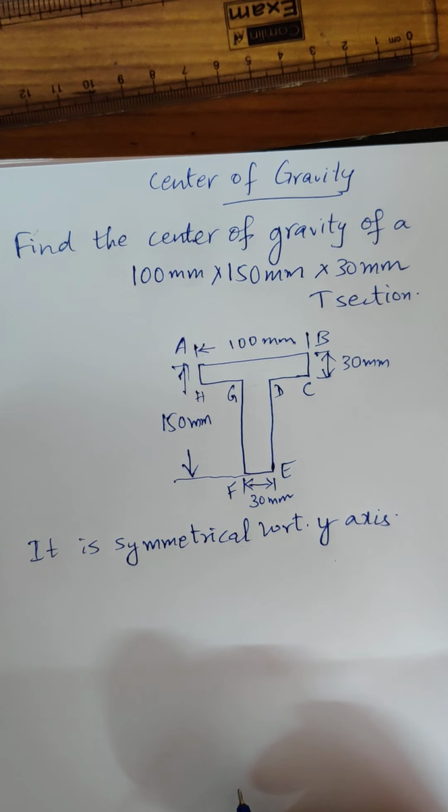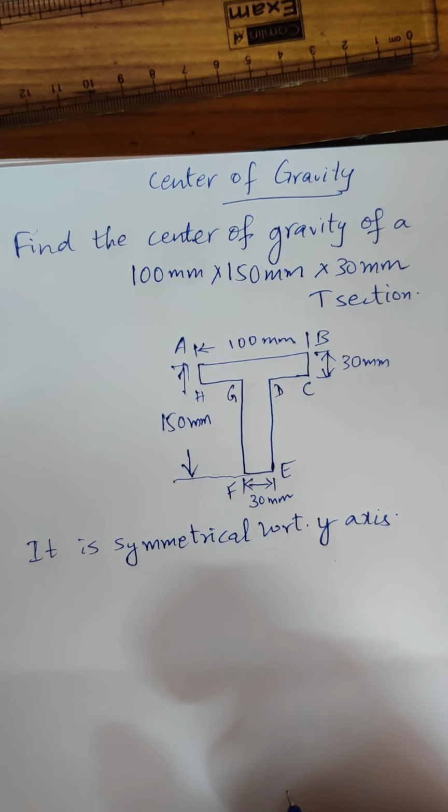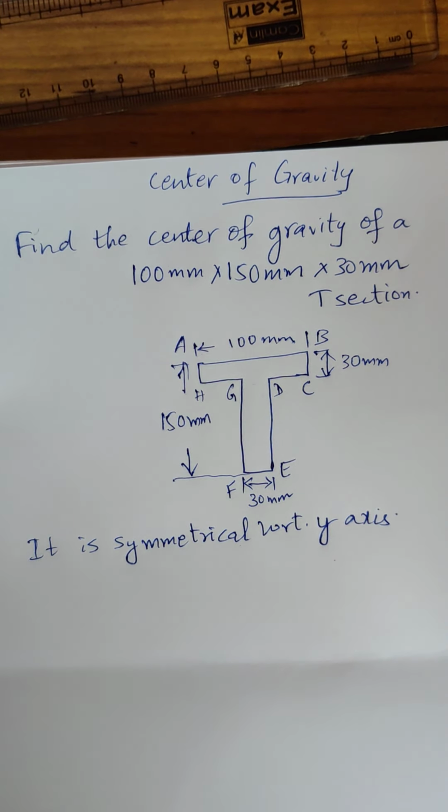So before proceeding with the problem on center of gravity, we should know on which axis the given shape, rectangles or whatever it be, is symmetrical. Here we have two rectangles, students.